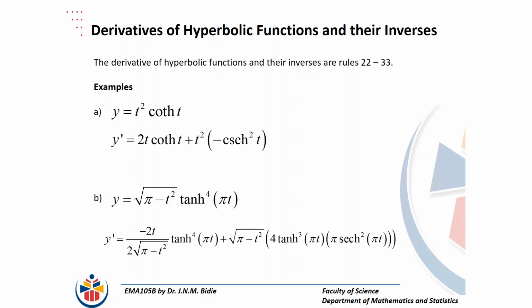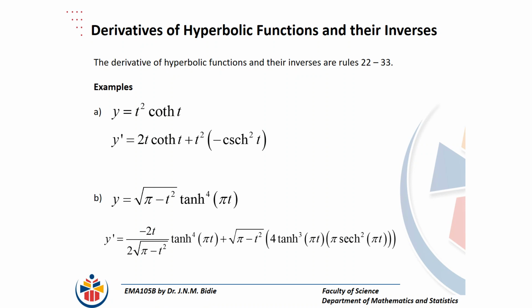y is equal to the square root of pi minus t squared multiplied by tanh to the power 4, and the argument of tanh to the power 4 is pi t. As we can see, it's the product rule once again. Two functions. First function is the square root.